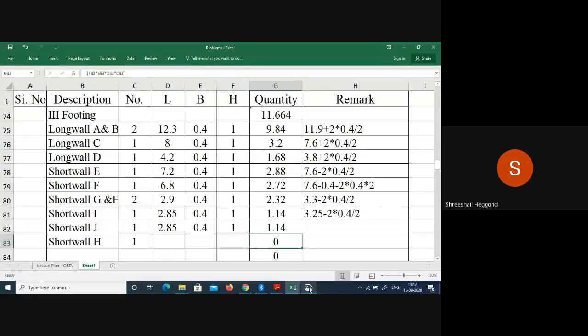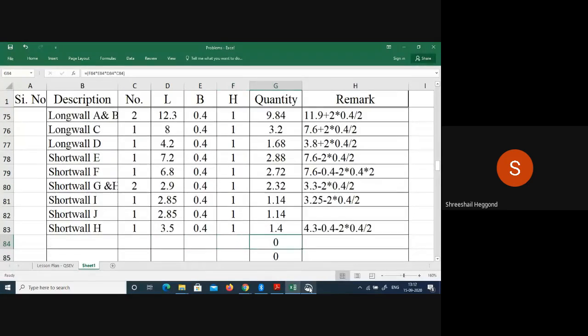H wall center to center length is 4.3 minus in between 0.4 you have to deduct as well as at the end 0.4 you have to deduct because of both the ends. 2 into 0.4 divided by 2. That will be of 3.9, 3.9 minus 0.4 is of 3.5.